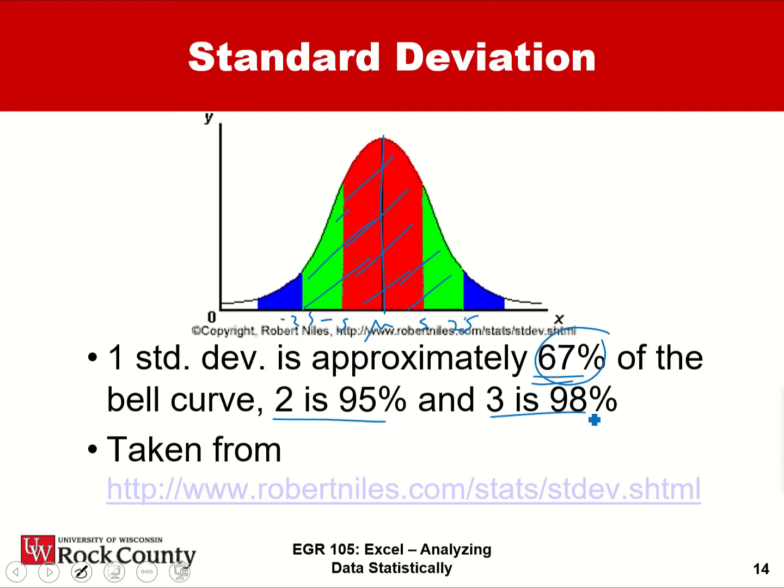So if I look at 3 standard deviations, that's 98%, or almost all of the whole class falls within that. You may have heard terms in manufacturing of Six Sigma. Six Sigma essentially is 100% of the data. It's 99.9999, huge amount. And typically what that's talking about is making sure we put out quality parts, that there are no failures, that we get all of the good components out. We get the 100% of good material going out.